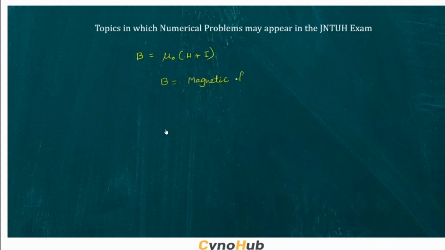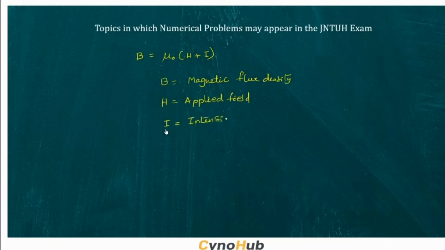And then H is magnetic field, the applied field. This is the applied magnetic field, right? And then I is the intensity of magnetization.